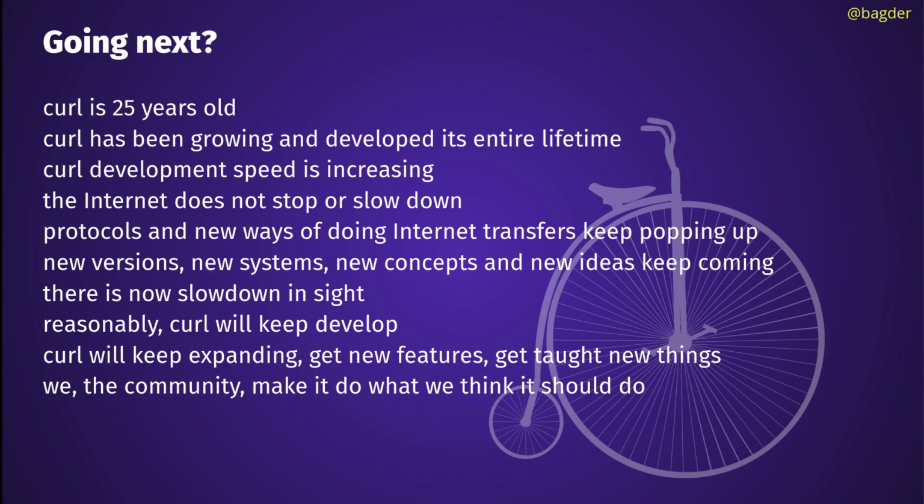And curl is the result of a community and the wishes of a community, and we go forward to where we want it to go. We have the luxury in the curl project that we are completely independent. We don't go by anyone's rules. We're not owned by a particular company. We're not even in any umbrella organization or anything. We can do whatever we want. So you can certainly affect what's next for curl.